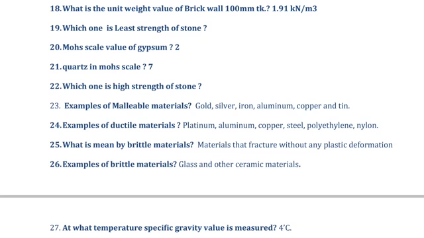And 21, quartz in Mohs scale, the value of hardness of quartz is 7. Please remember, the value of hardness of quartz is 7. And 22, which one is high strength of stone? The answer is diamond. Diamond will have high strength. Least strength is talc.